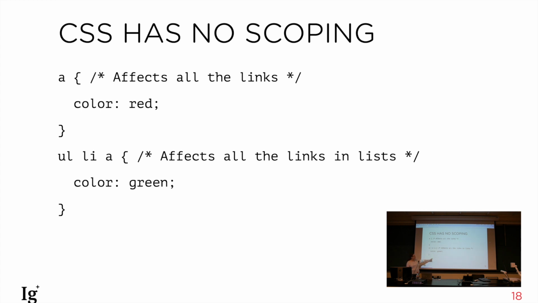And if you link the CSS to many pages, then all the links across the whole website. Of course, you can make it more specific. You can say only links in lists. But this will again affect all the lists which have links. And keeping in mind that our website can be developed further, especially in future by other people, this becomes really challenging, that everything is global in CSS.